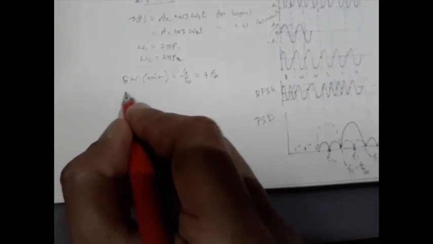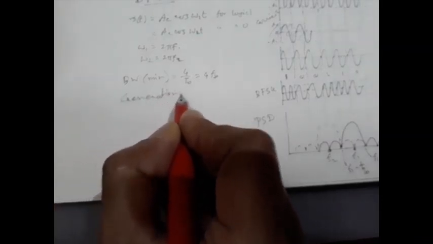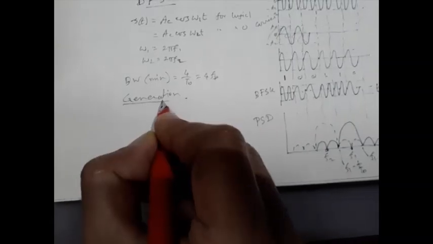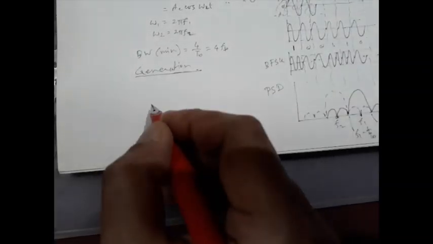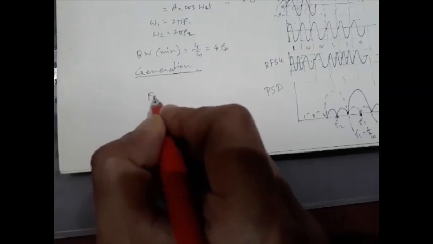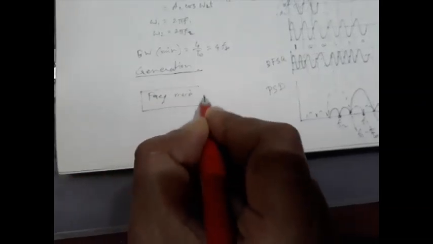Now the generation of FSK. Since FSK is a counterpart of FM in analog domain, we can use a simple frequency modulator for generation of FSK signal as well.